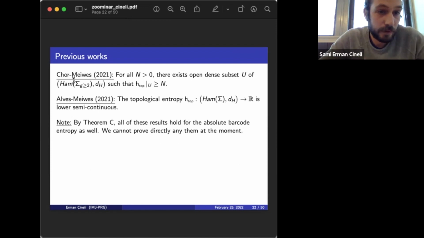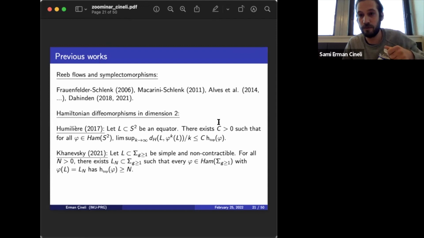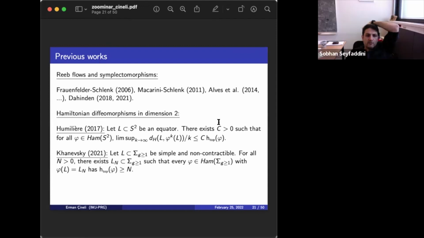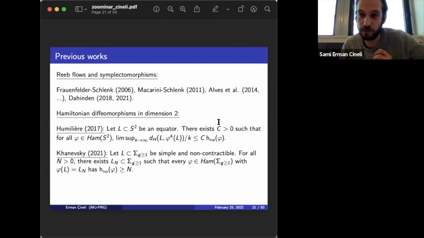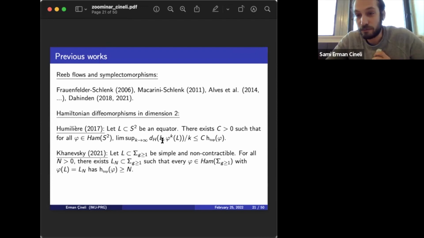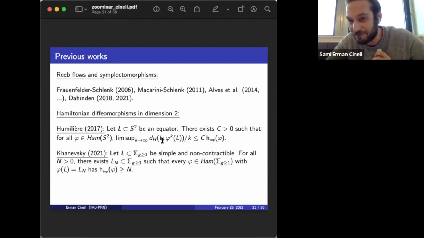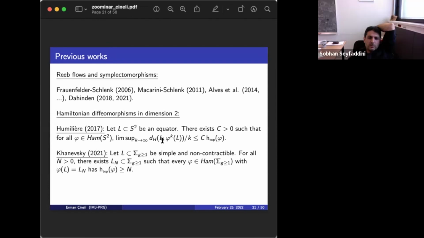Two more results. So for this result, as far as I know, the left-hand side is the limsup of the Hofer distance divided by k. It's a major open question whether that is 0 or not. It might always be 0, but maybe it's conjectured to be positive.